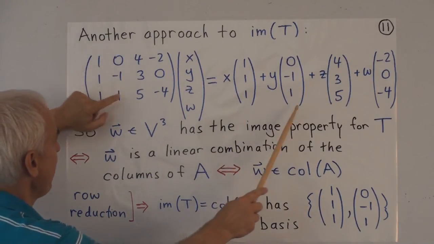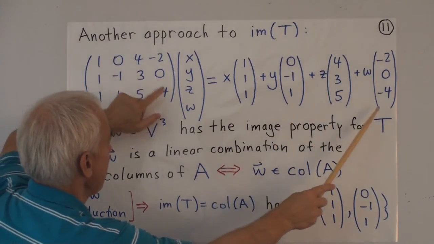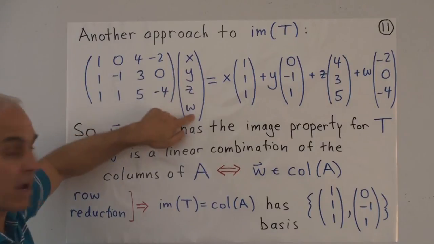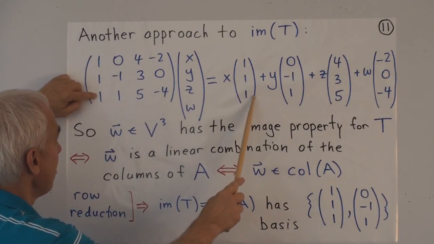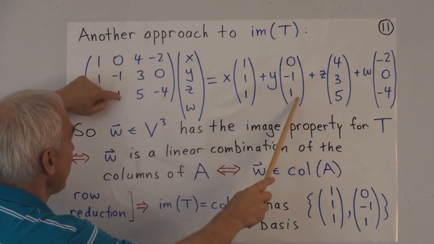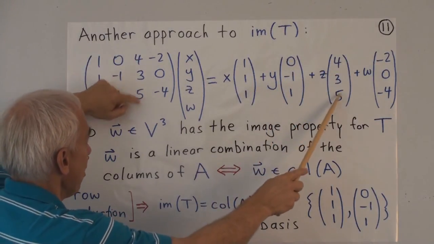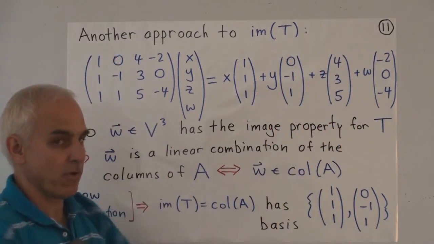Here's the first column, the second column, the third column, the fourth column. When you multiply by this vector, you're getting x times the first column, plus y times the second column, plus z times the third column, plus w times the fourth column.